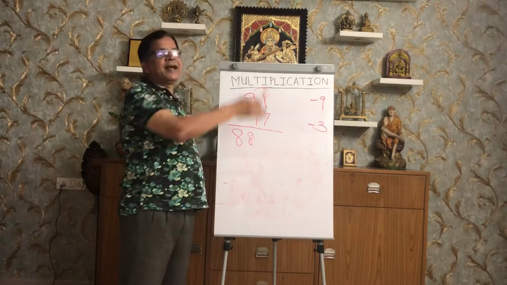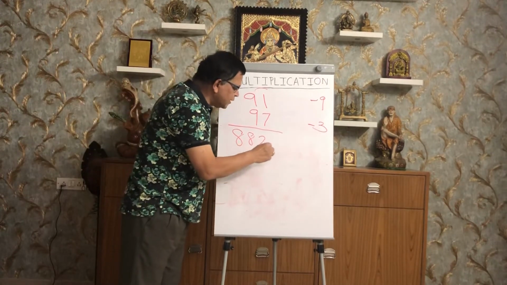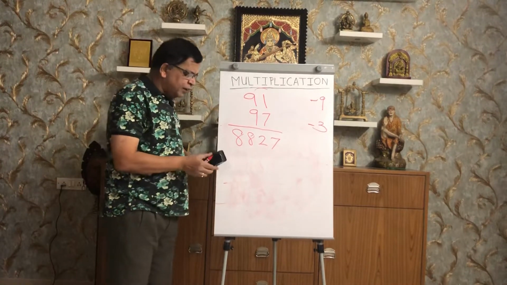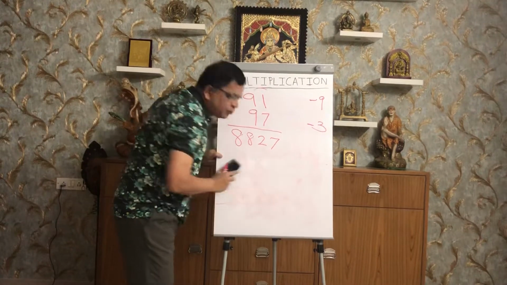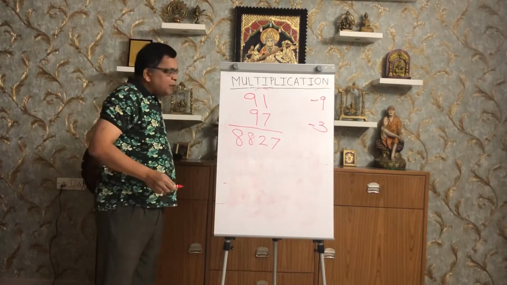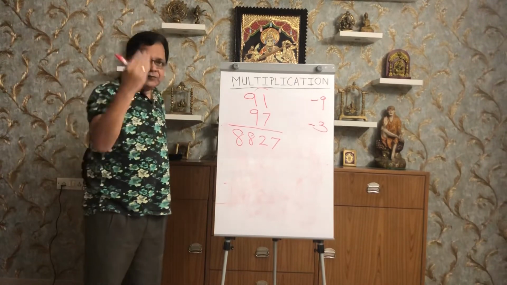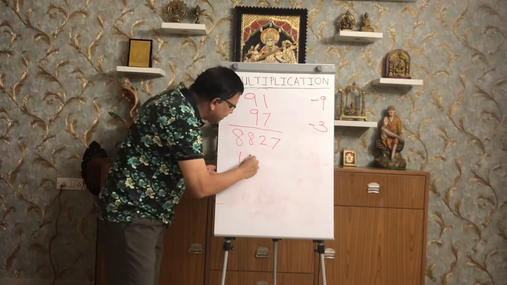And multiply minus 9 and minus 3, you get 27. Now you can multiply yourself by the normal methodology, and I am 100% sure you will find that 91 times 97 is 8827.